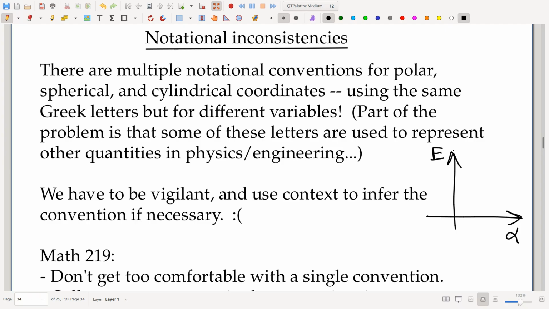Now, is this an outrage? No, this is a necessity.